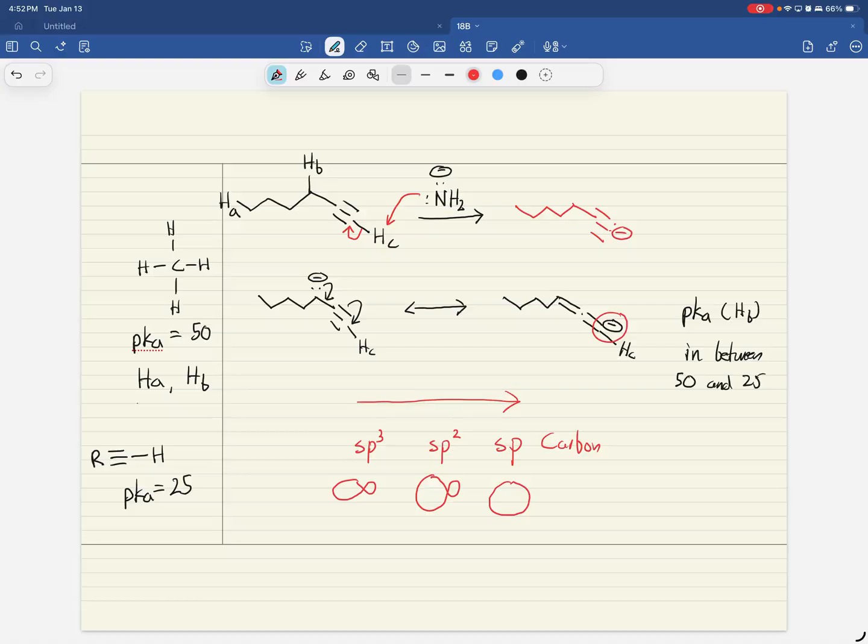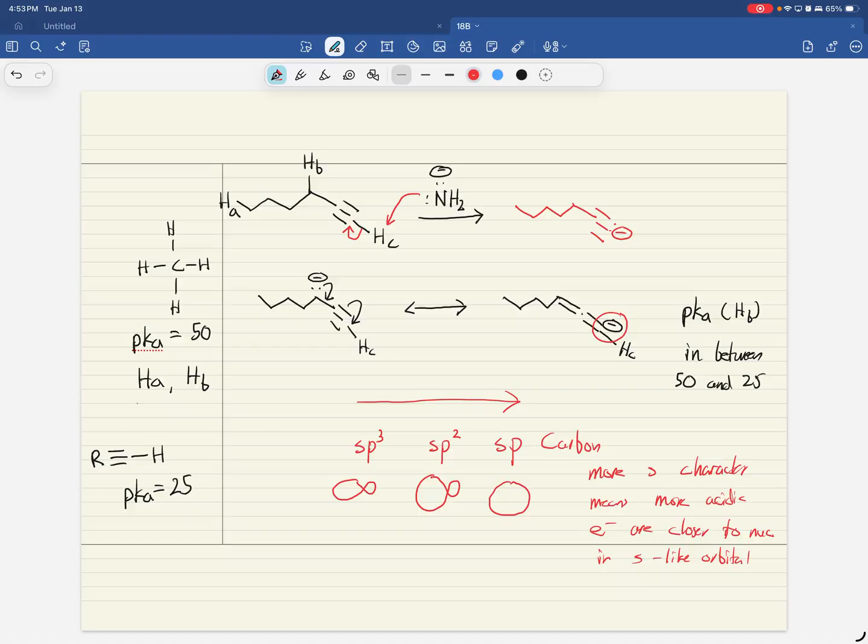So remember, more s character means more acidic, right? And that's because the electrons are closer to the nucleus in the s orbital. Closer to the nucleus in an s-like orbital.